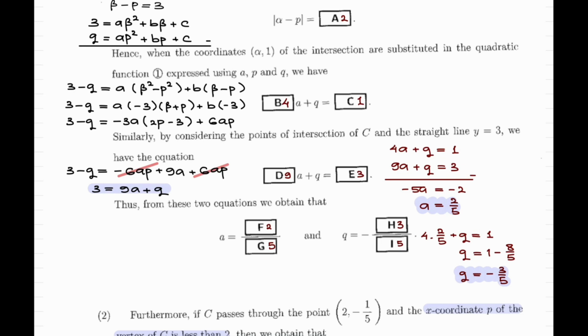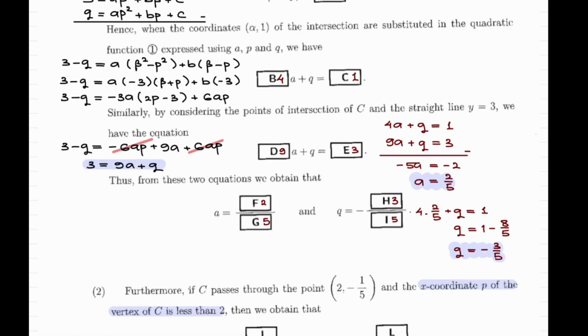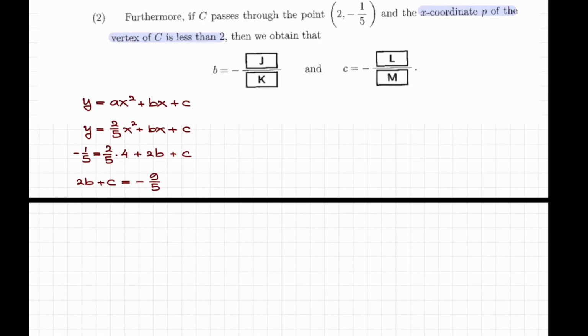So I think we need to find the symmetrical axis first. So let me use this equation: x symmetrical equals -b/2a.